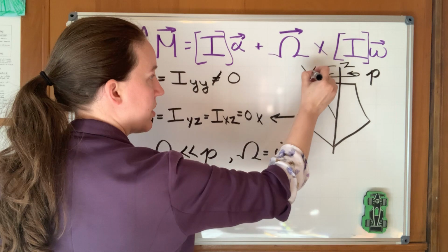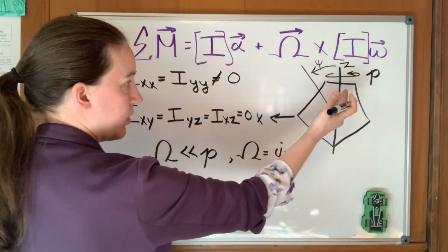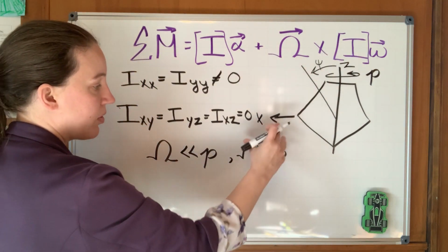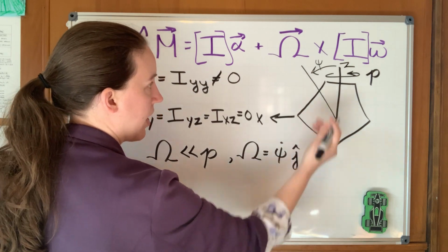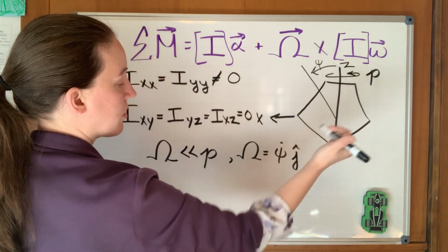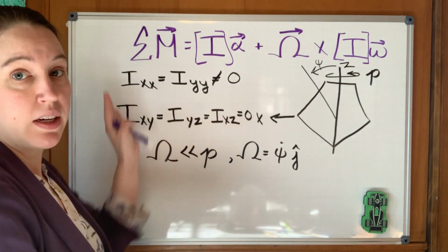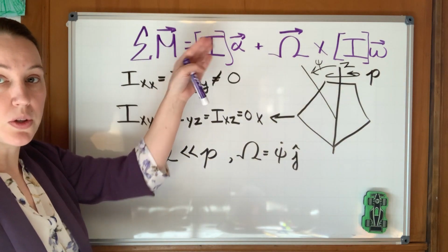So if we have some angle here, it's going to be rotating in this direction, and for now we'll define that in the j direction, so out of the board. It's turning this way, so it's out of the board. Okay, given these assumptions, now we can make a simpler equation from this main source equation.